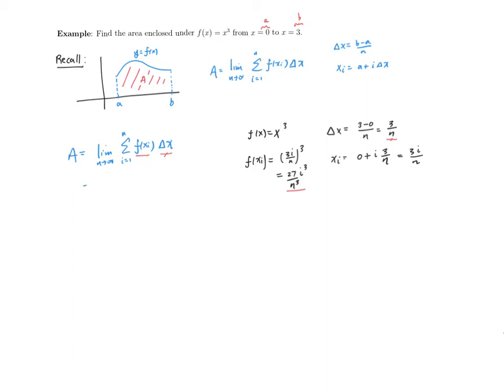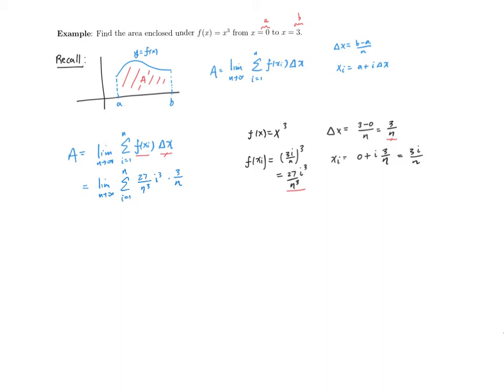And note at each step along the way, we're going to organize this in a vertical column, including good notation, writing limits and summations, until we have calculated those quantities. So this is the limit as n goes to infinity, the sum from i equals 1 to n of 27 over n cubed i cubed, from the f of x sub i, multiplied by 3 over n.